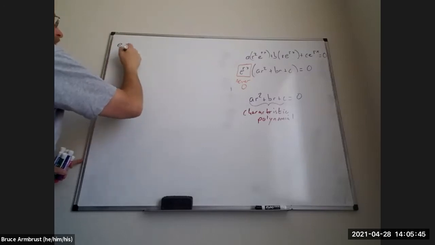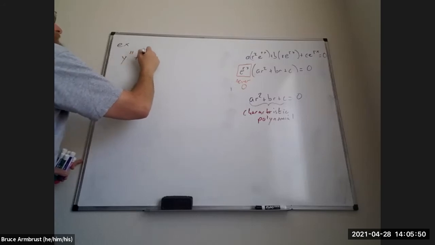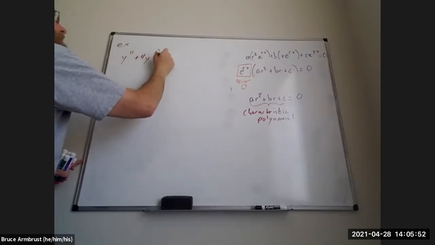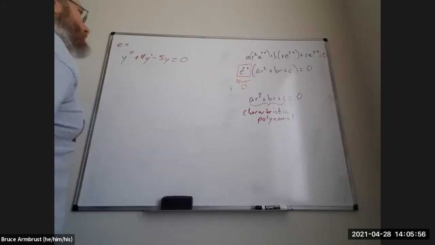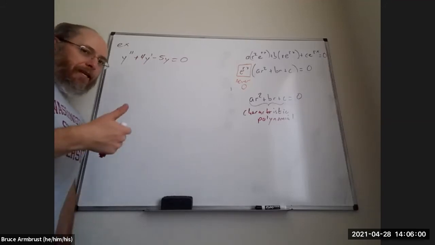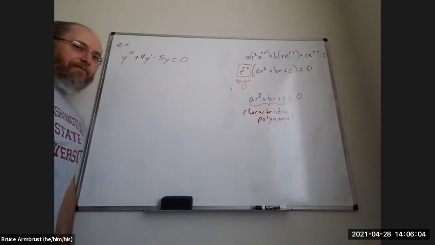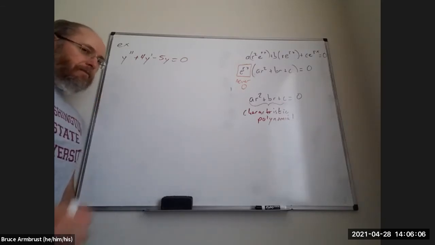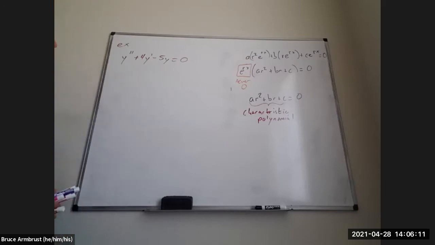Let's say we have y double prime plus 4y prime minus 5y equals 0. All right, so it's linear, second order, homogeneous with constant coefficients. So that's exactly the kind we're talking about right now.